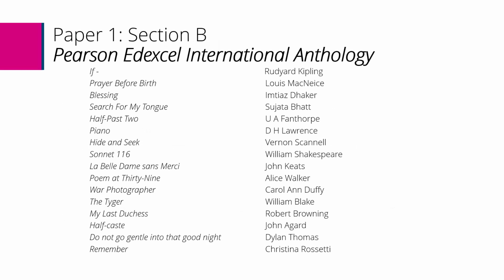So here we go on the anthology poetry. In a moment, I'm going to direct you to another of the downloads, but the 16 poems that students study here are If, Prayer Before Birth, Blessing, Search for My Tongue, 2:30, Piano, Hide and Seek, Sonnet 116, La Belle Dame, Poem 39, War Photographer, The Tiger, My Last Duchess, Half Caste, Do Not Go Gentle into That Good Night, and Remember.